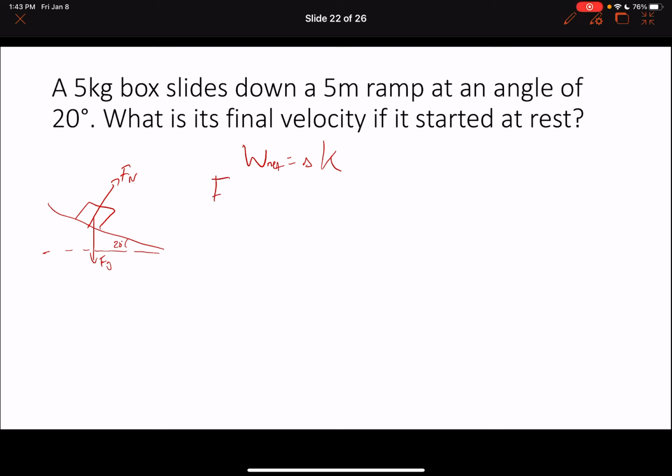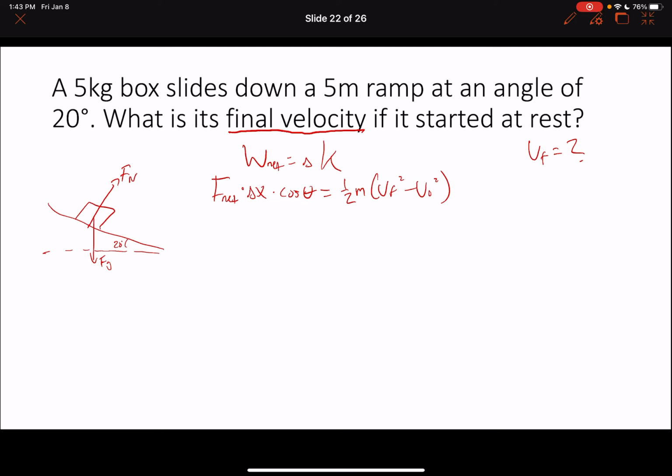Well, it's the net force times delta x times cosine theta equals the change in kinetic energy, which is 1/2 m v final squared minus v initial squared. We're looking for final velocity, right? We're looking for V F, which means that we need everything else. So unfortunately, that means we need to find the net force, which can be kind of complicated.